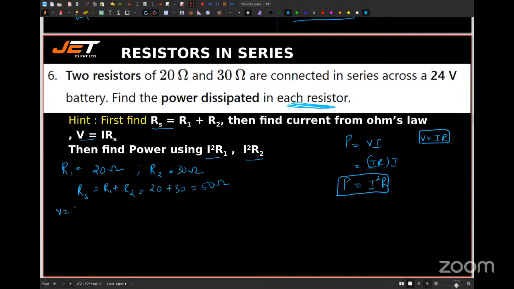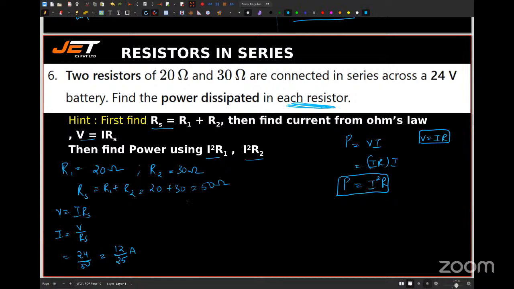We know that V equals I into RS, so I will be V by RS. The voltage is 24, so we get 24 by 50, which is 12 by 25.